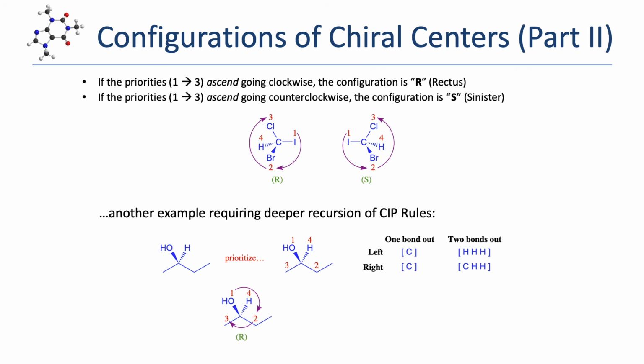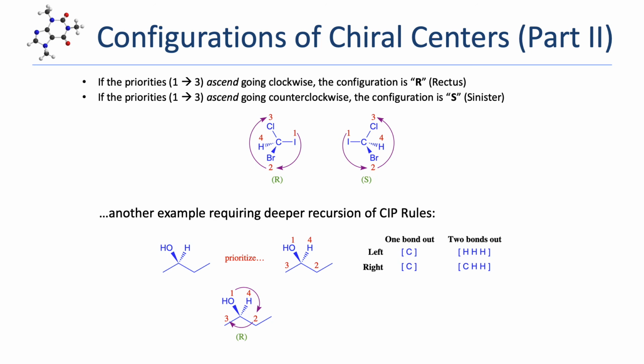And then we simply compare those lists looking for the first difference, and whichever one has the higher atomic number gets the higher priority. So in this case, the very first atom is where the difference is, right? The ethyl group has a carbon in that first slot, and the methyl group has a hydrogen. And since carbon has a higher atomic number, that gets the higher priority. So the ethyl group is 2, and the methyl group is 3.